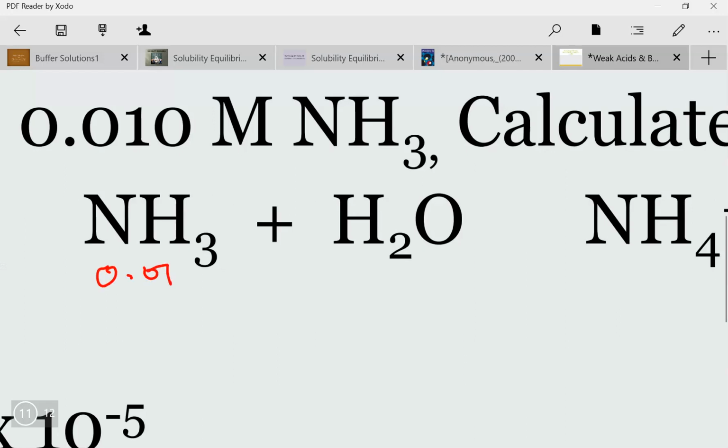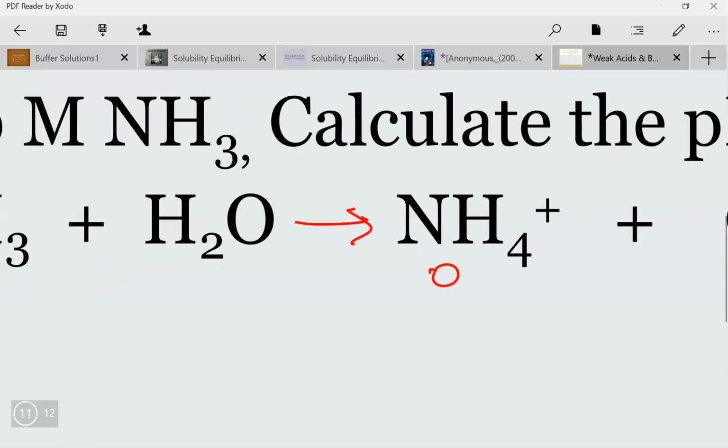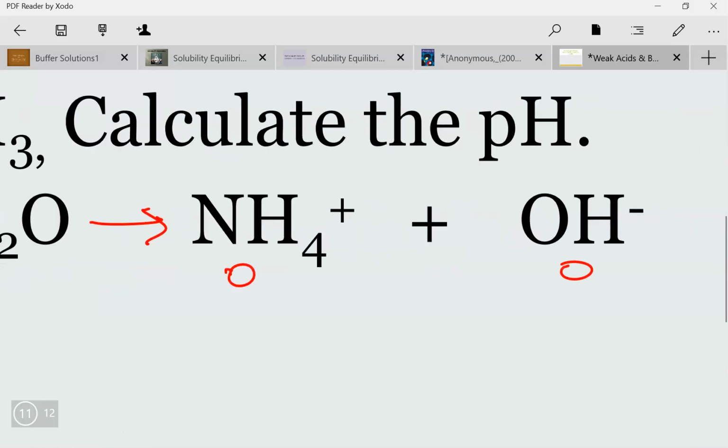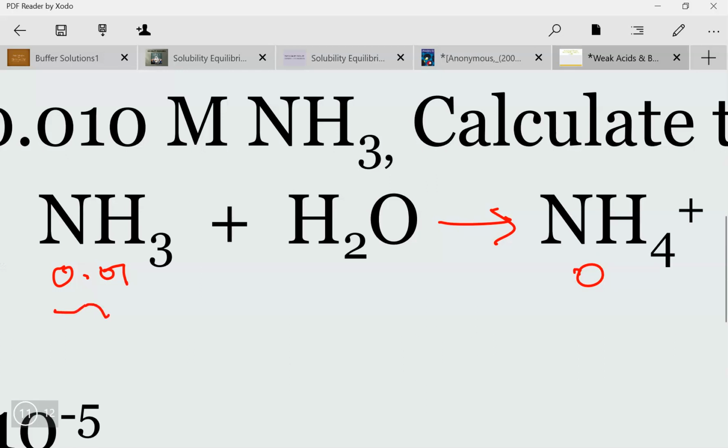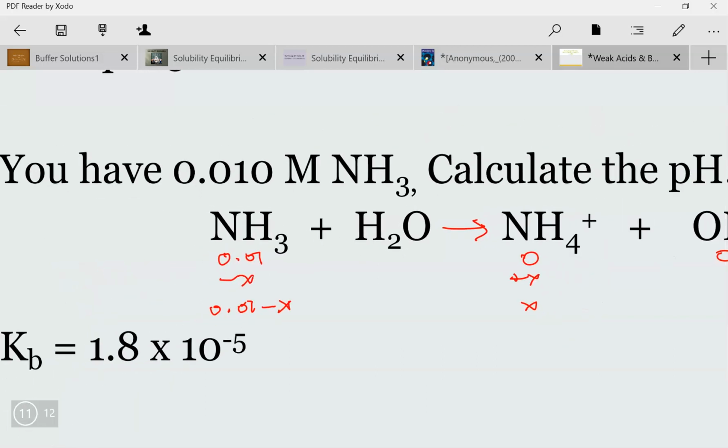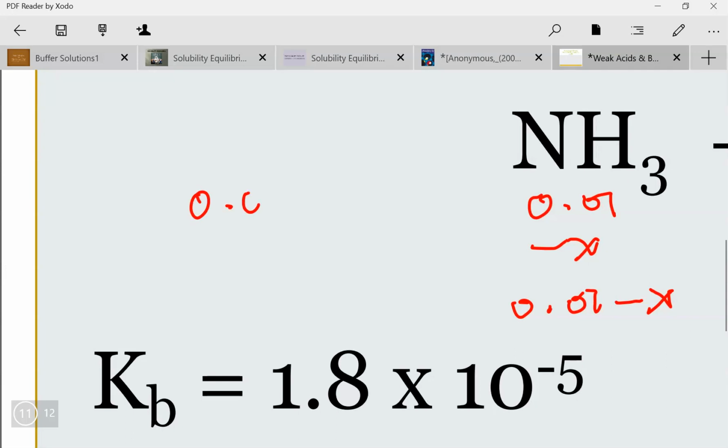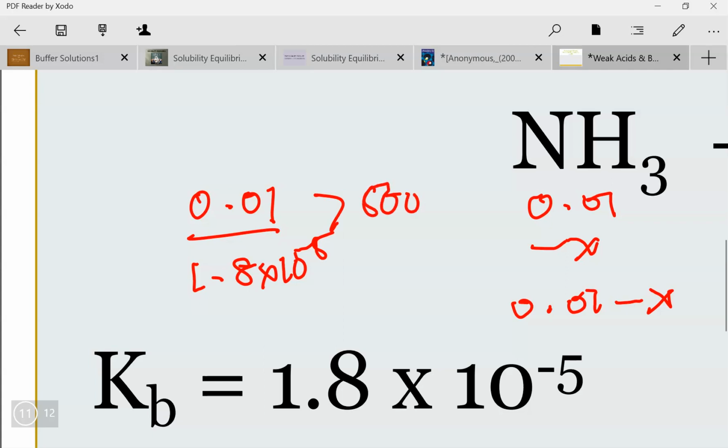0.01, we leave water alone. 0, 0, minus x, plus x, 0.01 minus x. I'm instantly right away here going to do initial concentration divided by 1.8 times 10 to the power negative 5 greater than 500, hopefully.